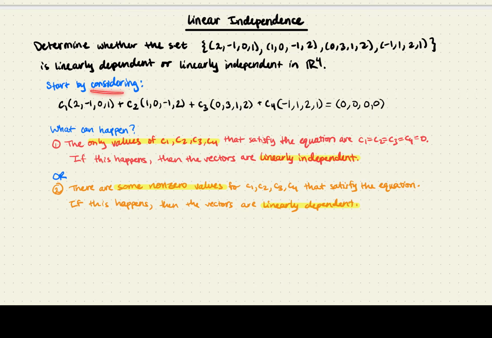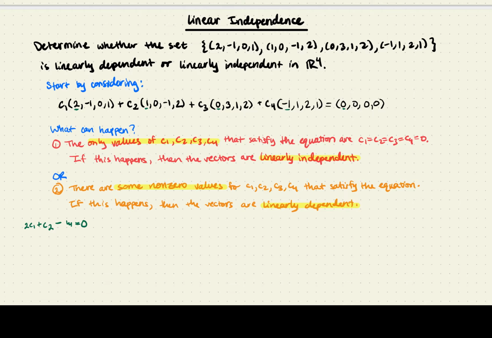Now, this linear combination of vectors that I've written down here is actually giving me a system of 4 equations. Where are those 4 equations coming from? Well, it's exactly because I have 4 components in each vector. The first elements of each vector give me one equation: 2c1 plus c2 plus 0 times c3, so I won't write that, minus c4 equals 0.